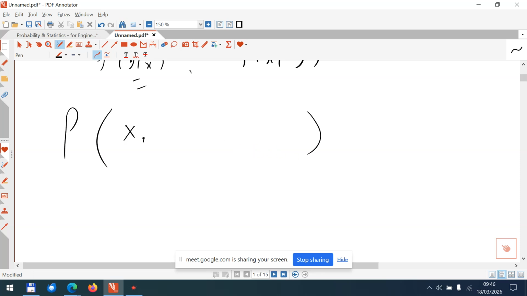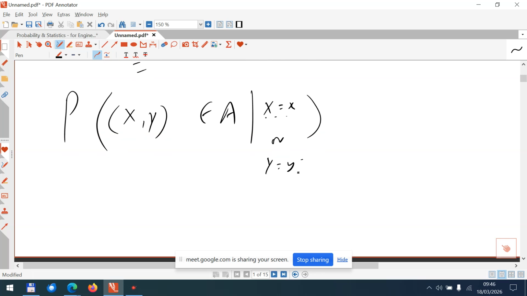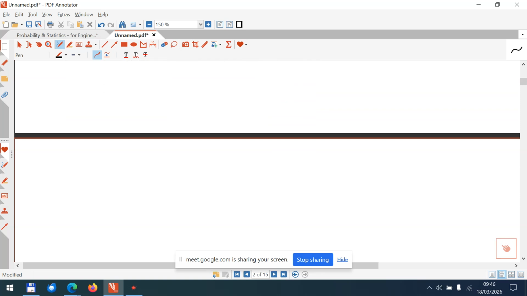We can ask probabilities of this kind, and we can even have it either unconditional or conditional on something. That something can either be x given x or y given y. But because we are discussing conditional distribution here, one thing is natural to ask.